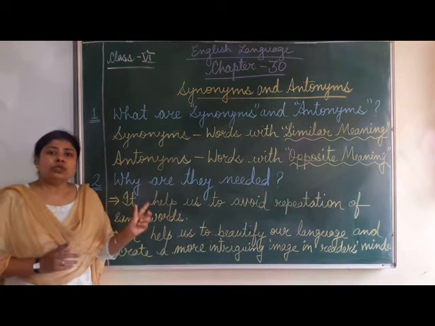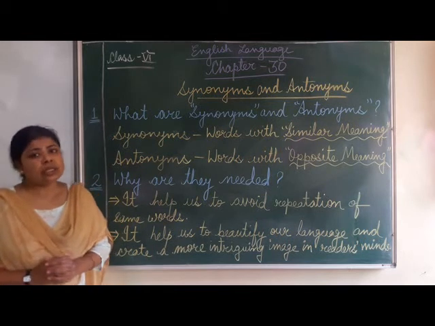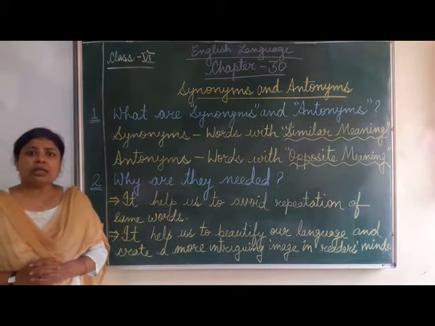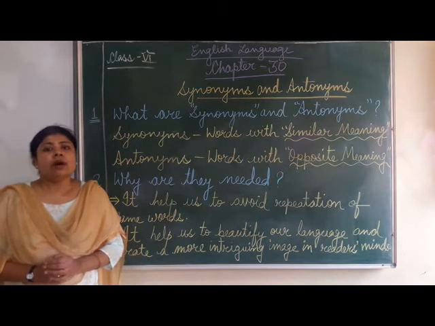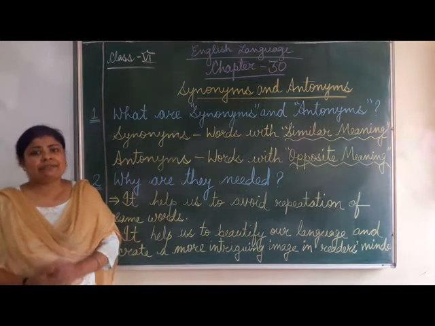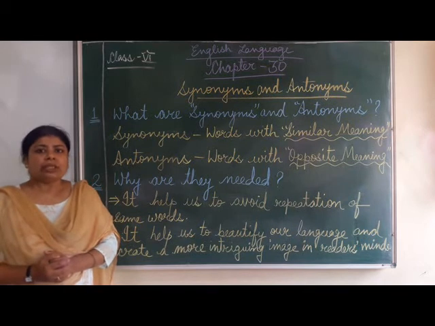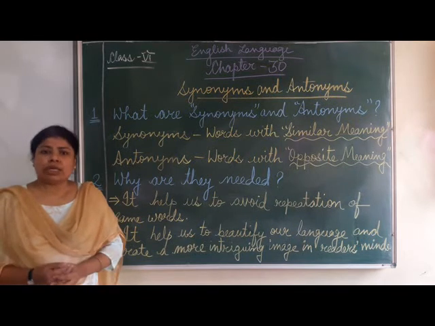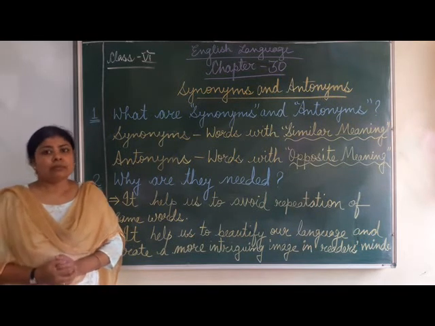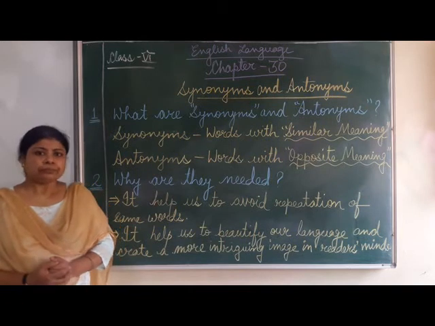So, the uses of synonyms and antonyms are very, very useful for making our communication effective, so that whatever we are trying to say should reach the reader or listener.